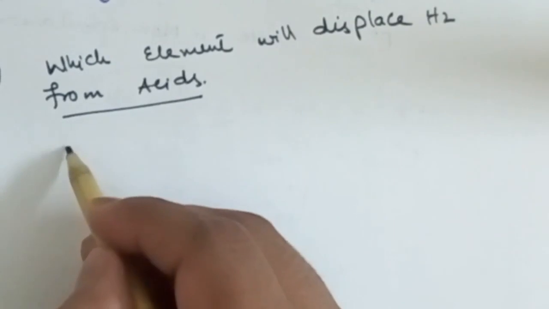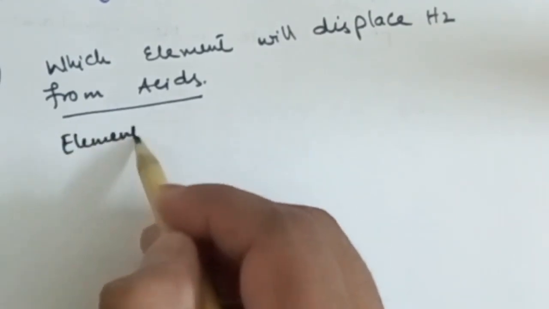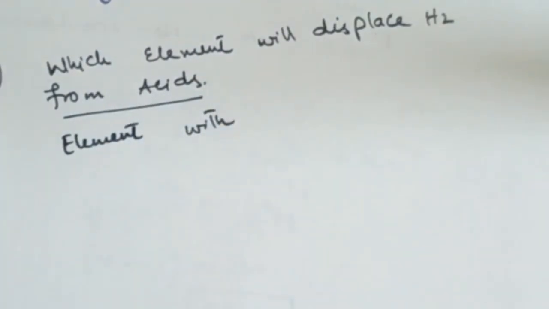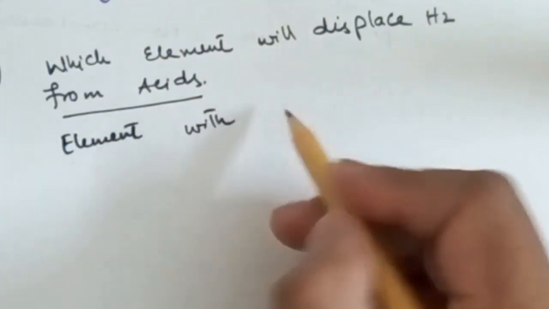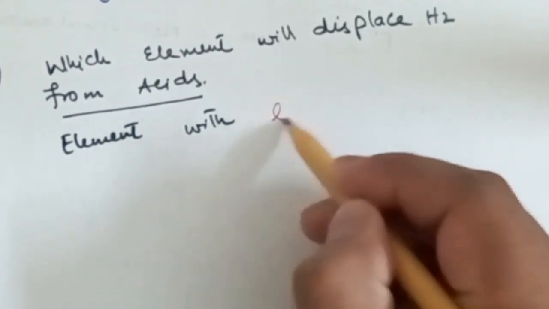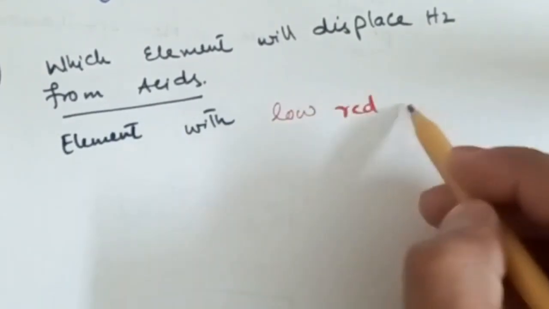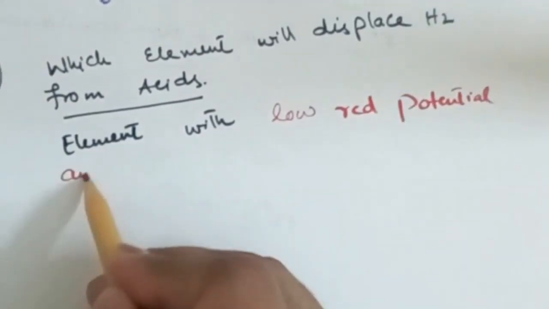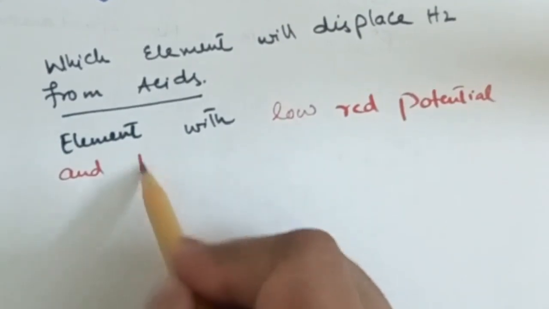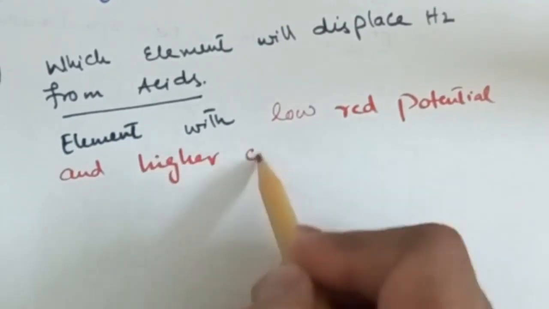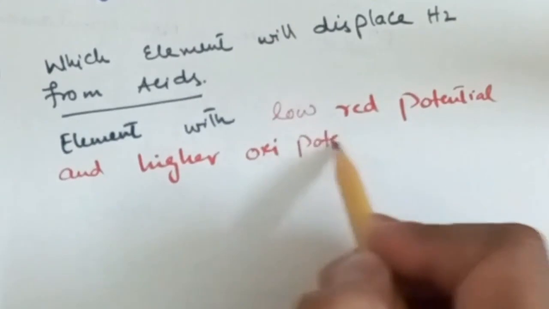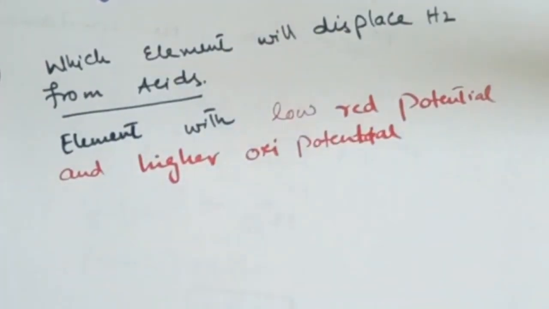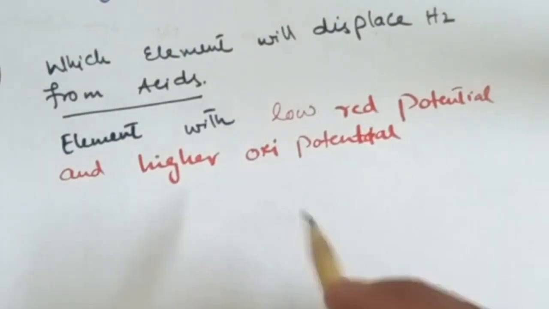So the elements with low reduction potential and higher oxidation potential will be able to displace hydrogen from acids.